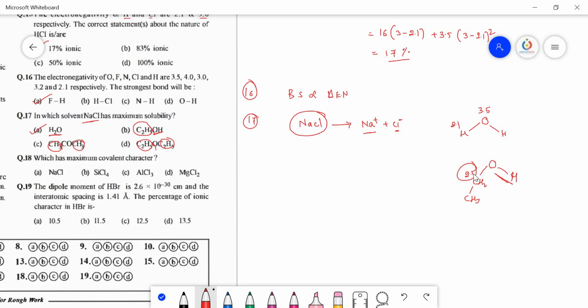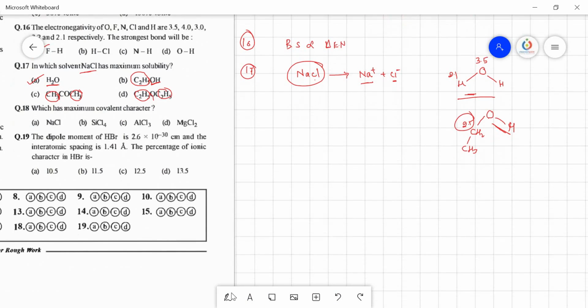So when the electronegativity of the element connected to the oxygen increases, the difference in electronegativity decreases, so the polarizing power decreases and they become non-polar solvents. Ionic compounds are more soluble in polar solvents only, so NaCl is maximum soluble in H2O solvent. So option A is correct.